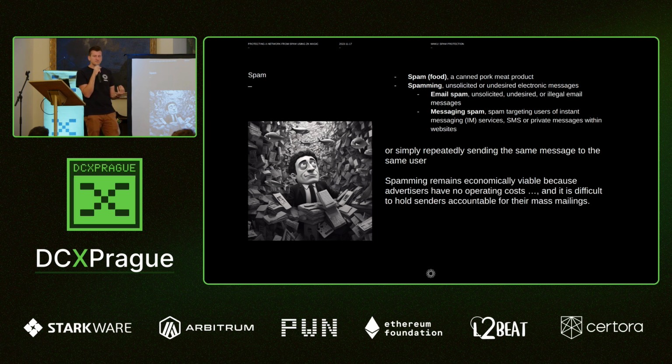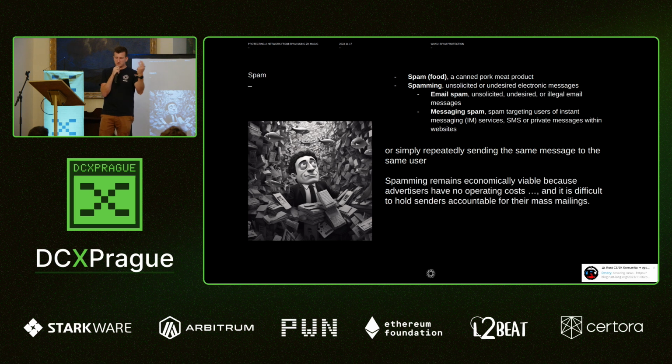So how can people do the spamming? Or why is it even possible today? Spamming remains economically viable because whoever the spammer is has no operating costs. And that's the same for Waku. Creating a new node, even if the other nodes will blacklist you, is very easy, very quick, and very cheap from the resource perspective.